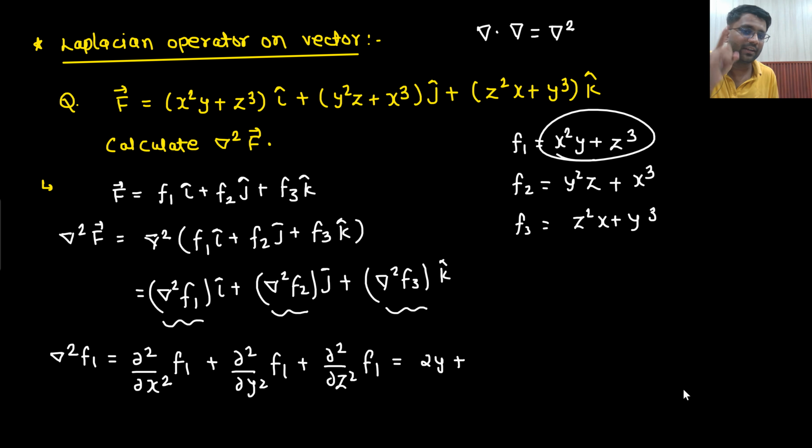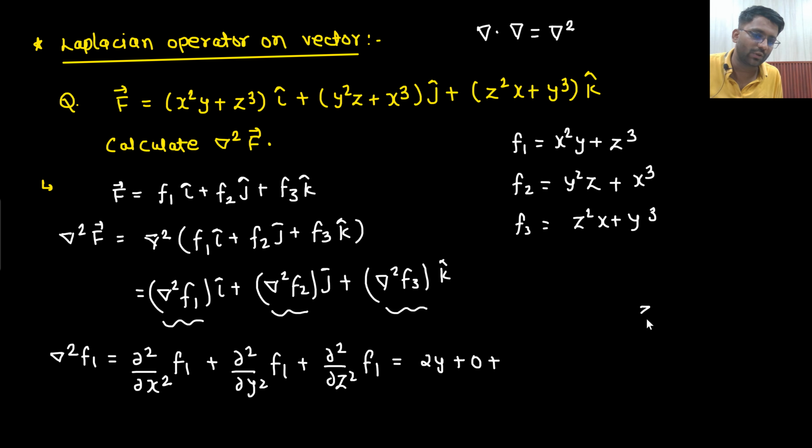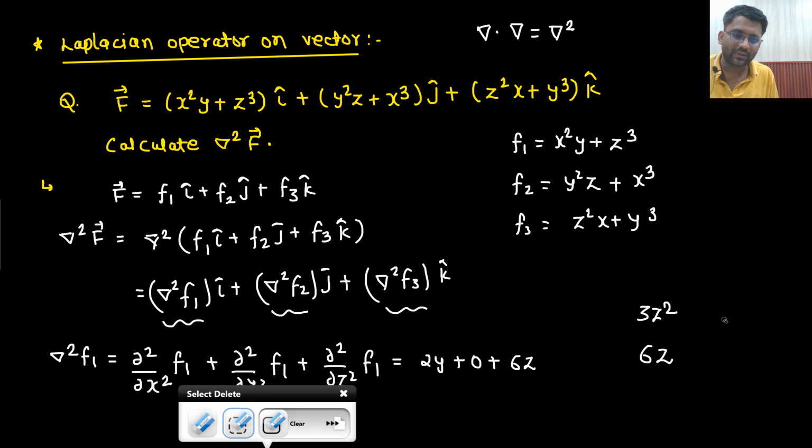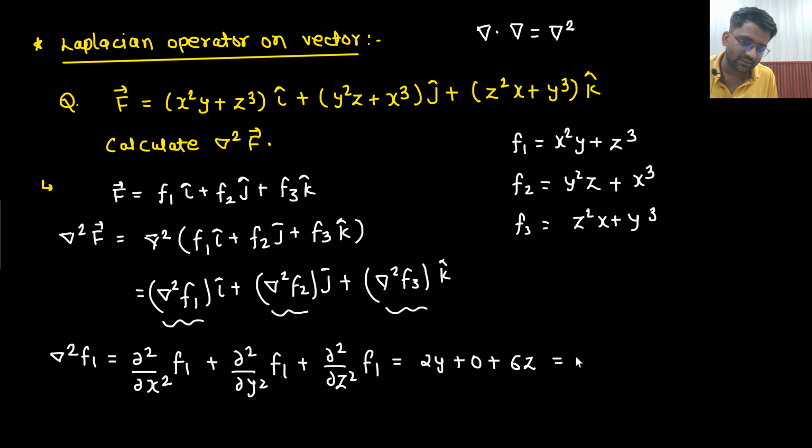First you will differentiate with respect to y, so you will be getting x square only, then you will be getting 0. Then partial differentiation again with respect to z 2 times. What will you be getting? 3z square one time and then 6z. So what you are getting? 2y plus 6z.